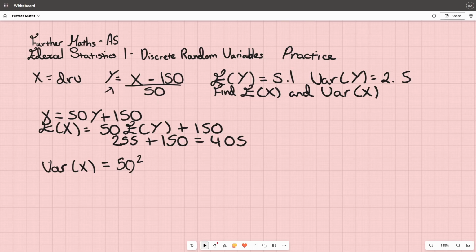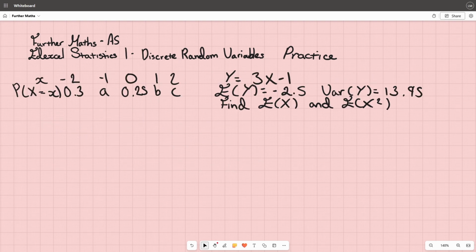So it's 50 squared times the variance of y, and because we're already given the variance of y, 2.5, that is 6,250.